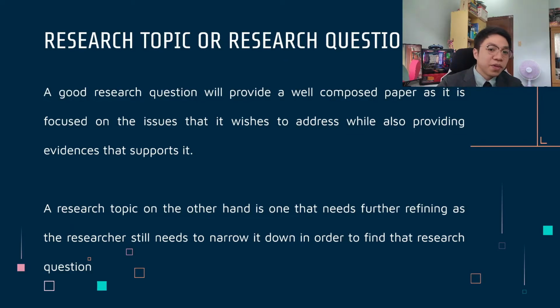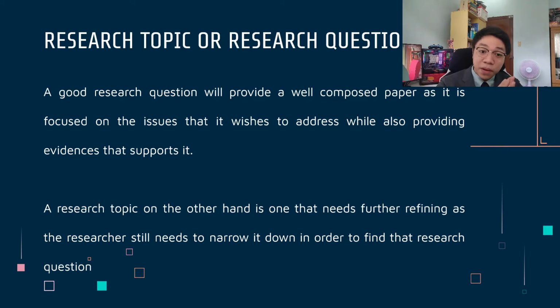So before we start with the literature, we first differentiate what a research topic is against a research question. A good research question provides a well-composed paper, and this is because a good research question focuses on the issues that it wishes to address while providing evidences that support it.